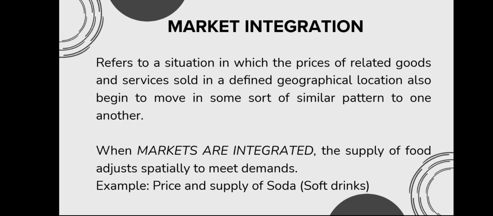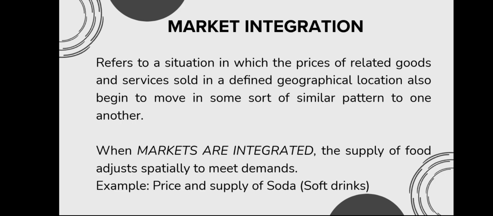So now, market integration. It refers to a situation in which the prices of related goods and services sold in a defined geographical location also begin to move in some sort of similar pattern to one another. In simple terms, market integration means that goods, services, or money can move more easily between places, and it also means that the prices become more similar across different markets.